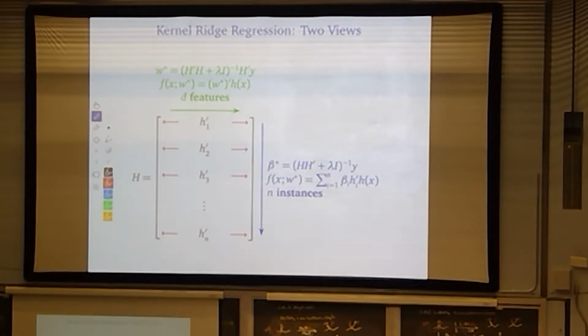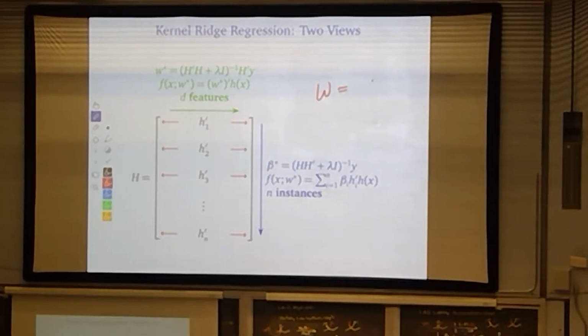Because W can be equally represented as a linear combination, the connecting equation is X times beta. The primal variable and the dual variable are connected through X. In this case, in the lifted feature space, it is actually H, the lifted feature.